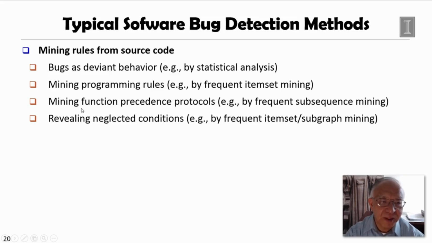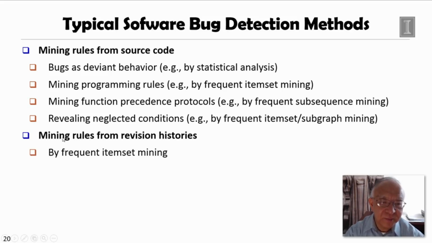Or you also can mine function precedence protocols. Simply says, if you find some functions always precede some other functions, you can use frequent subsequence mining to find such patterns. And also you may reveal neglected conditions. Based on different conditions, whether they could be tested or will never be touched, you use frequent item set or subgraph mining, you'll be able to find such patterns.